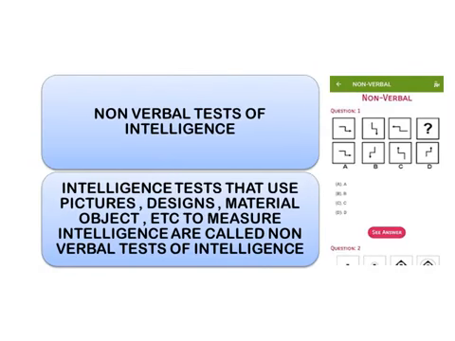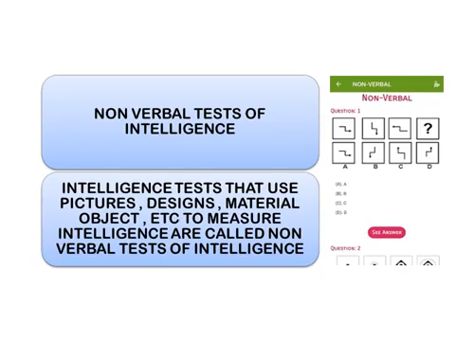Non-verbal tests of intelligence. Intelligence tests that use pictures, designs, material, objects, etc. to measure intelligence are called non-verbal tests of intelligence. Non-verbal tests are of two types: performance tests and paper-pencil tests.